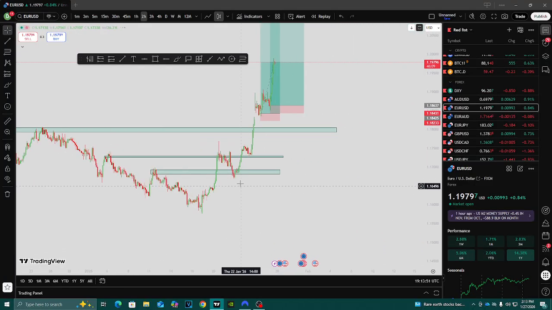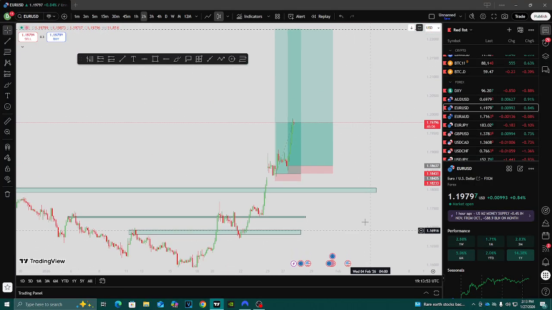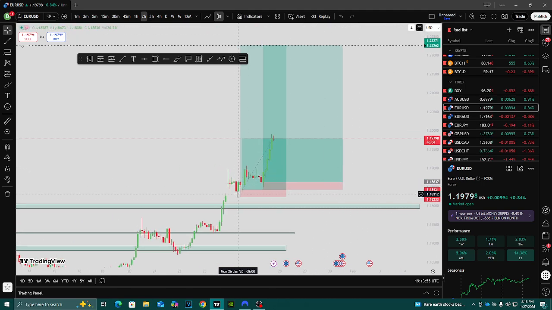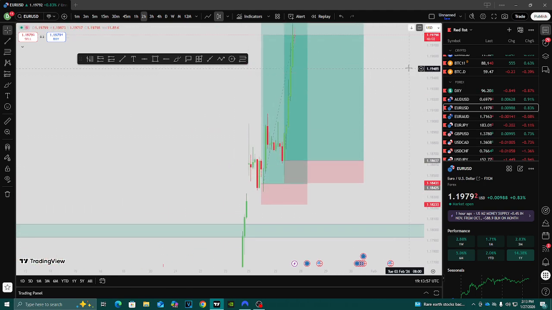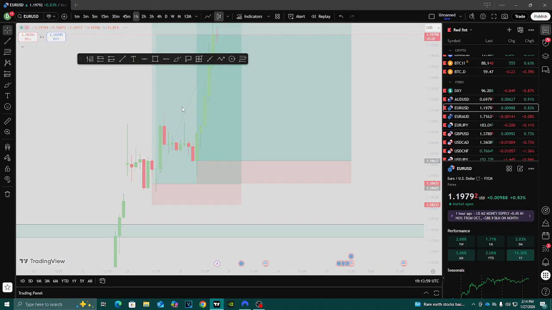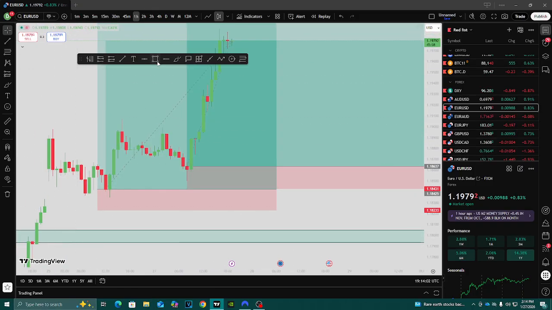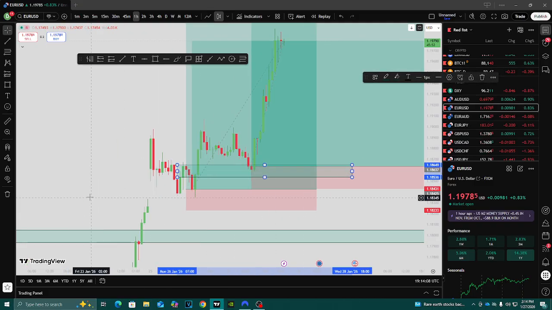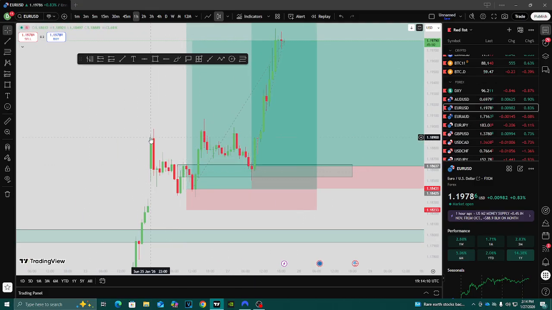You guys remember when we had Euro right here and we took a little snipe right here, and we got a re-entry right here on these little candles. You see the candles right here, this used to be a roof that turned into a floor. There you guys see it.